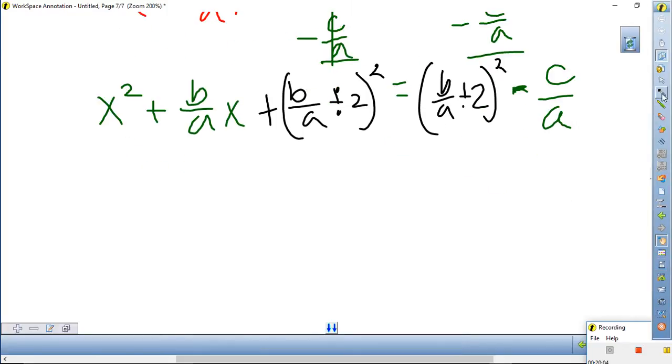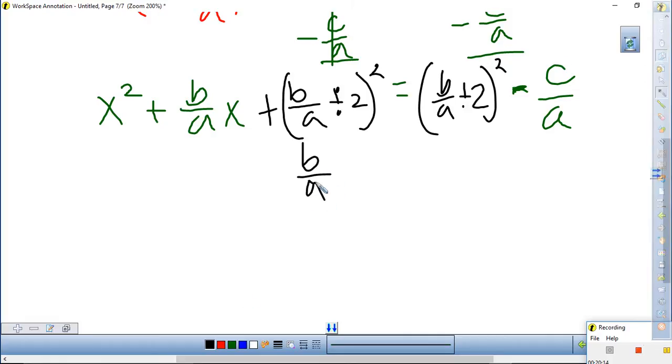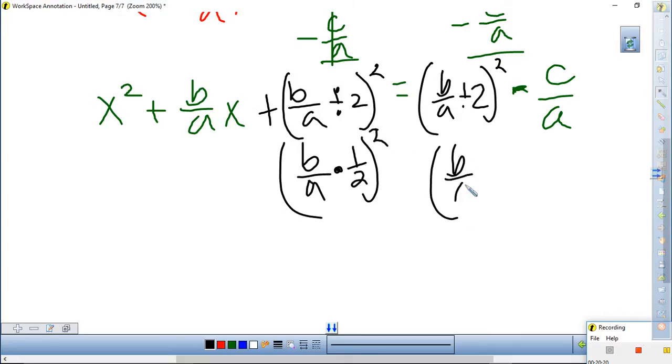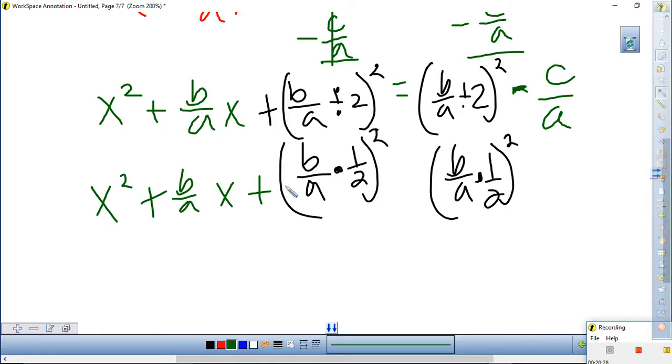Continue, Kayla. Tell me what you write. B over A times 1 over 2, and all that squared to each side. B over A times 1 over 2 squared. Bring everything else down. X squared plus B over AX plus that equal to minus C over A. Continue, Cassandra.